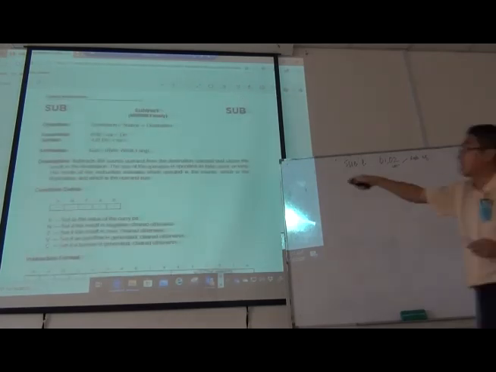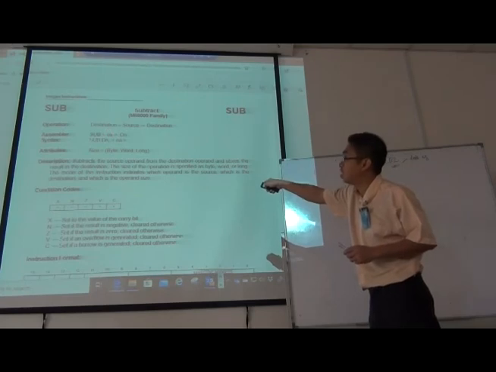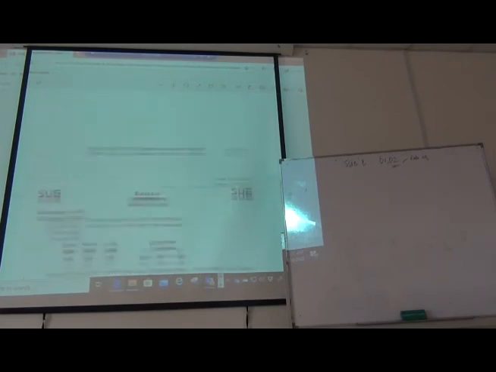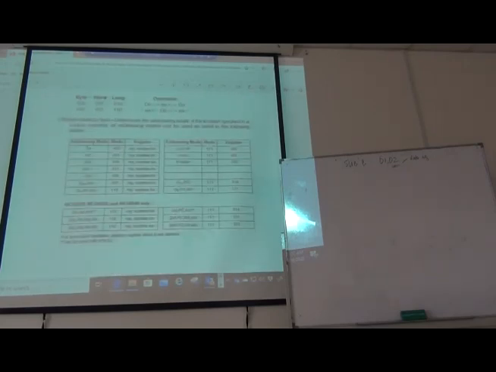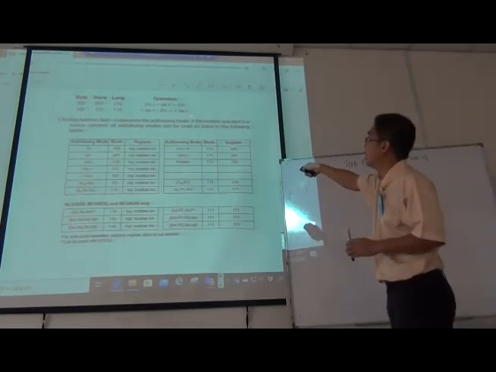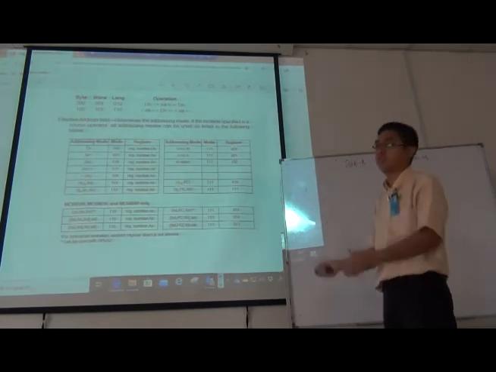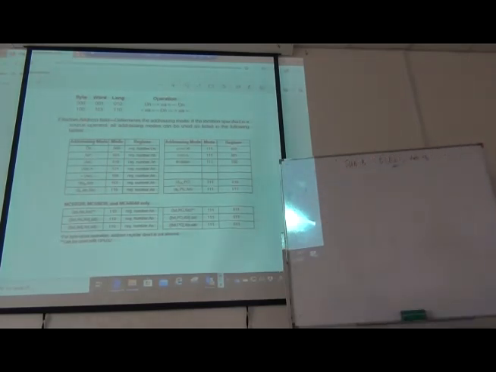So you have to go to the table for the source. So this is the one. This is the effective address, which determines the addressing modes. If the location specified is a source operand, you are going to refer to this table instead of the next one. The next one is for the destination table.